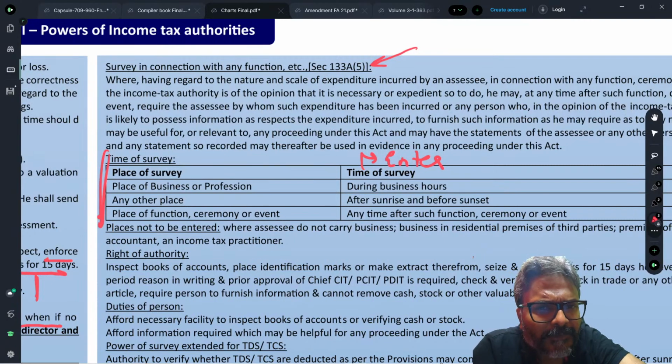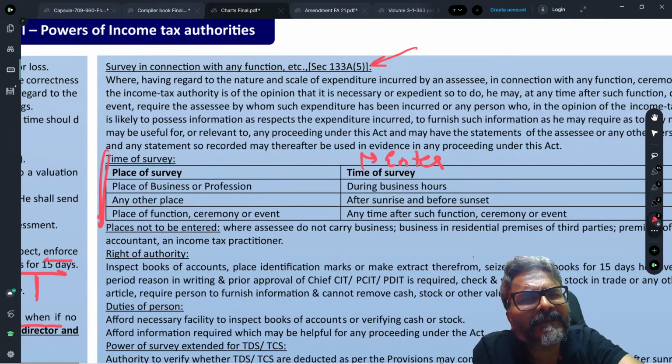So therefore, place of business or profession during the business hours; any other place, students, after sunrise but before sunset. You can say, sir, any example of any other place? Say charitable. Now you can do the survey in a charitable location, isn't it?